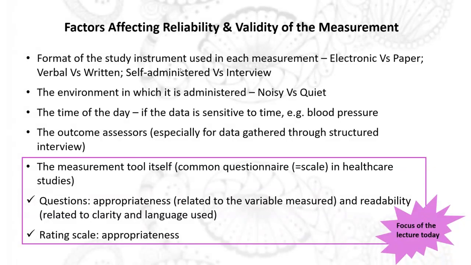So whether you use a consistent format each time, it can be an online form, it can be a data form, whether it is a verbal or written format. What I mean by verbal is you ask the questions and the participants answer you, or you help the participant to write down the answers. This is a verbal one. Self-administered or interview. Whatever format you choose, it must be consistent. That is the key.